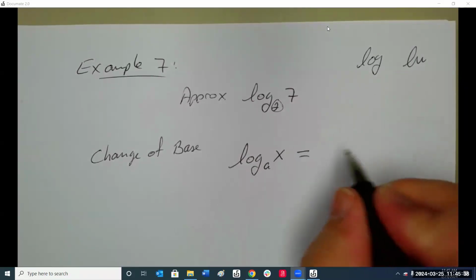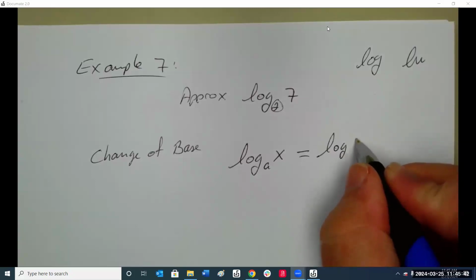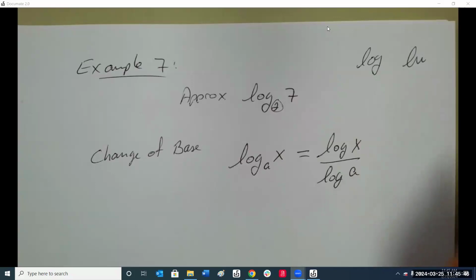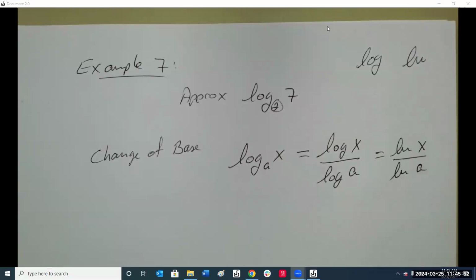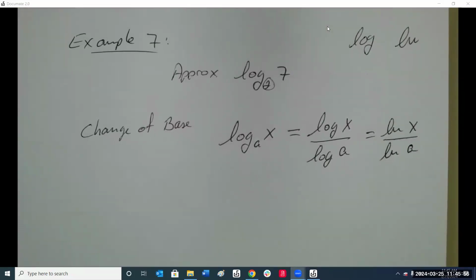The change of base is we could either leave it as a base 10 or a natural log. Because it's the ratio that's important, not the actual values themselves. It's the ratio of those two values.